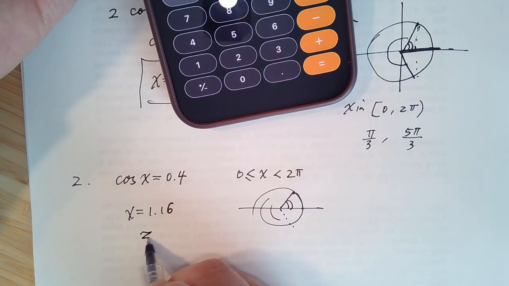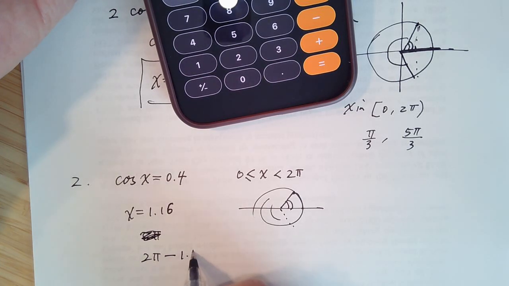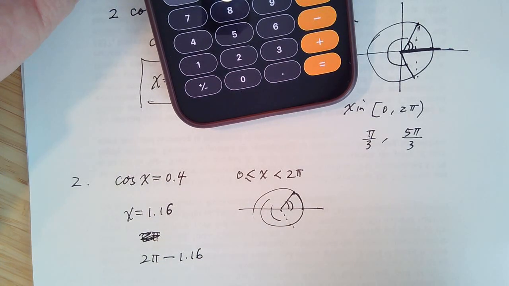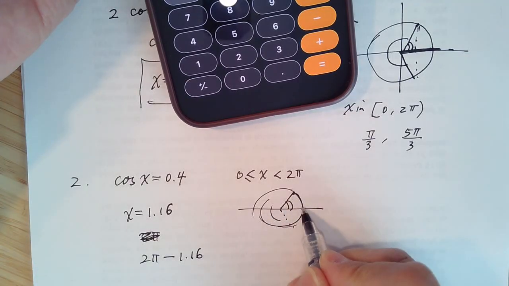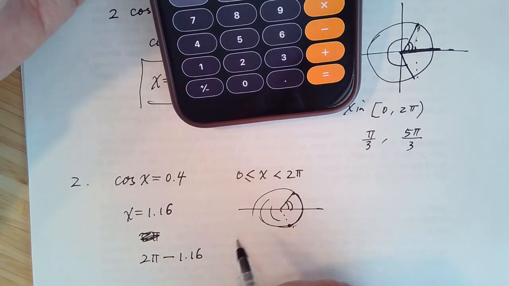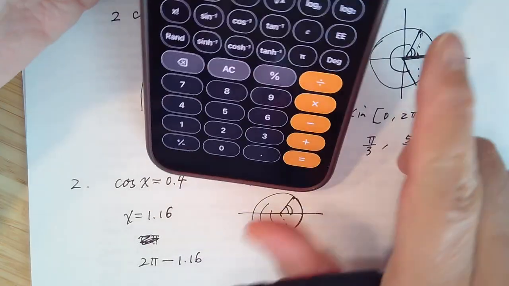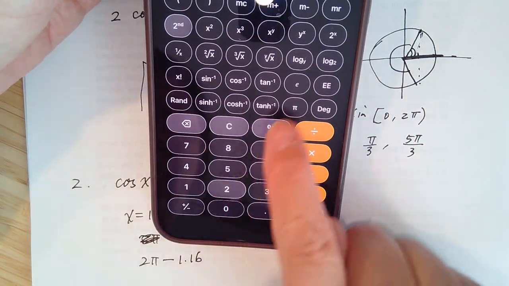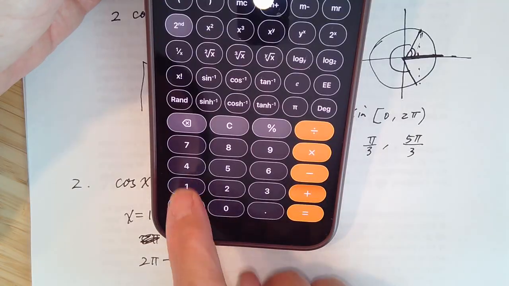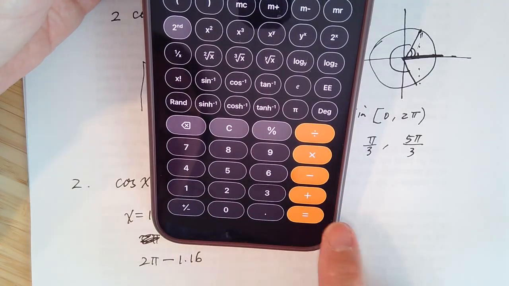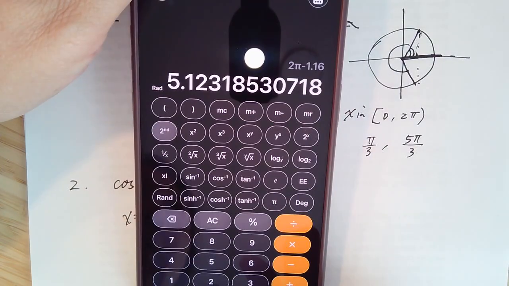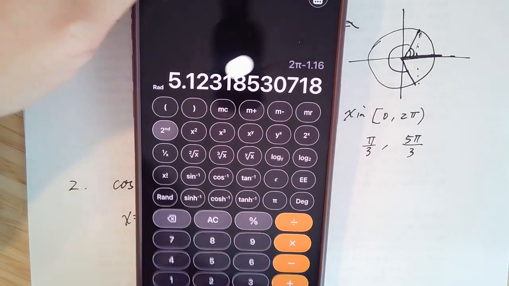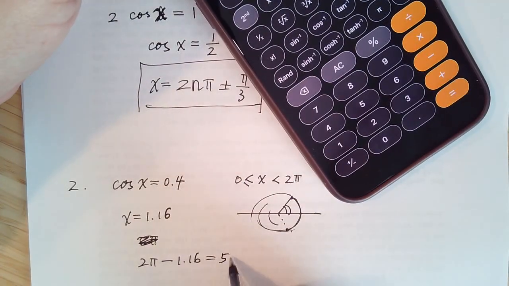The other one is 2 pi minus 1.16, right? So it goes from 2 pi and subtracts that much. And the pi you can just use in your calculator. Did you see pi here? So 2 pi minus 1.16, you get 5.12.